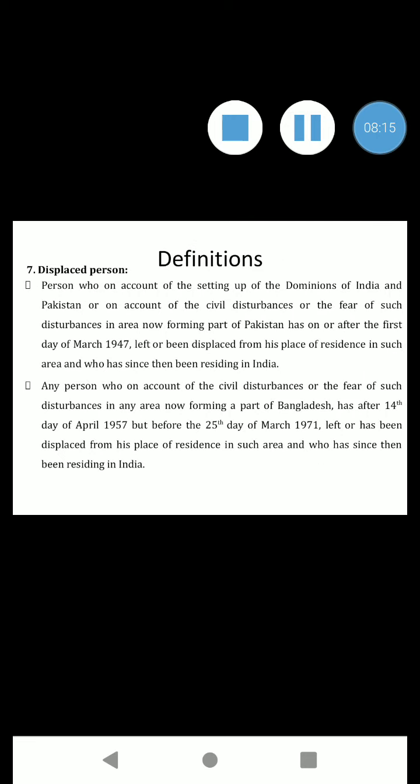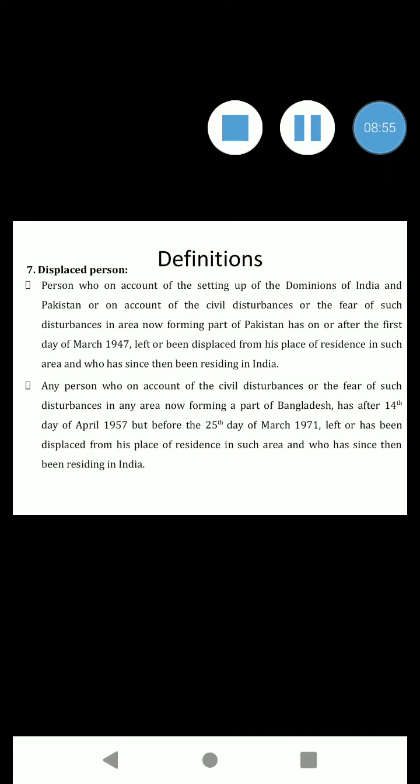Okay, the next definition is displaced person. It means what? Any person who, on account of the partition of India and Pakistan, or on account of civil disturbances or the fear of such disturbances in an area now forming part of Pakistan, has on or after the first day of March 1947 left or been displaced from his place of residence in such area and who has since been residing in India.